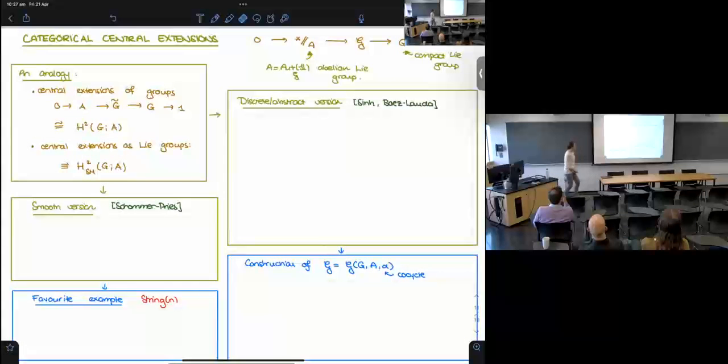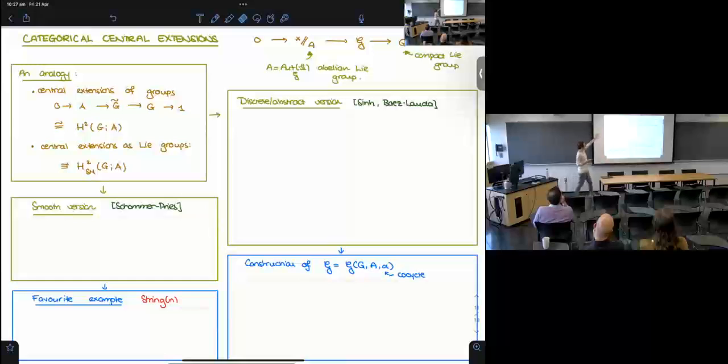So this was an example where we started with an ordinary group and we built a thing on top of it, and it fits into a big family, which is what we call categorical central extensions. By that, I mean a two group that lives over an ordinary group, and the kernel, in some sense, which I'm not going to define too precisely, is one of the two groups that we talked about with one object, and the morphisms are an abelian group A, which are the automorphisms of one.